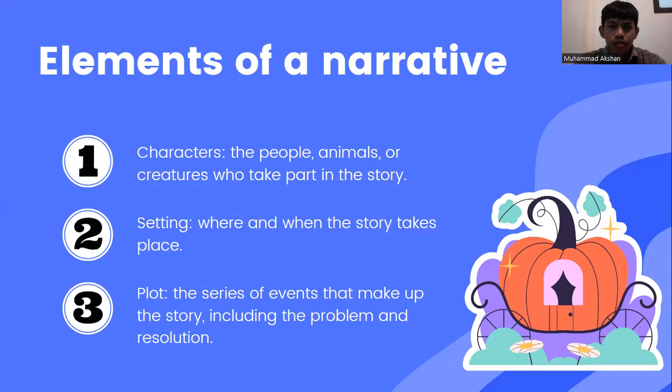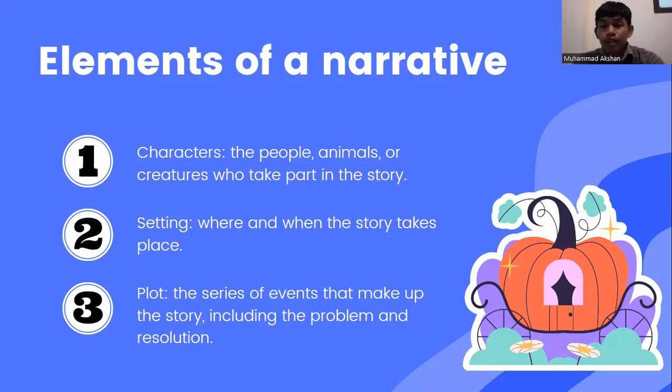If you see a text and you see the name of a person or the name of an animal, that's the character of the narrative text. Number two is setting. Setting is where and when the story takes place.